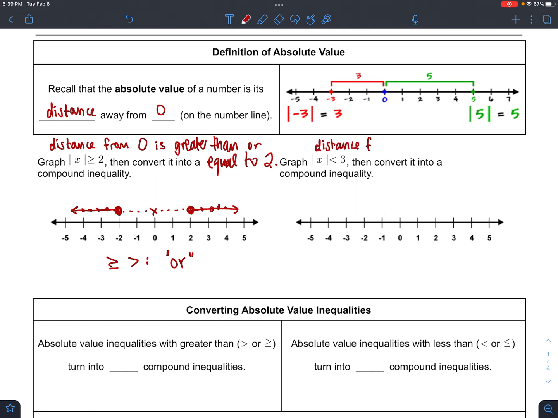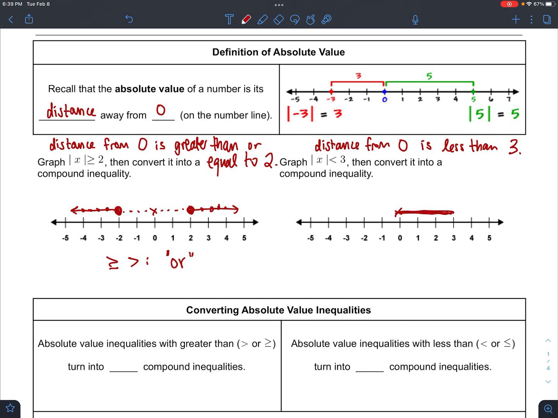This would be the distance from 0 is less than 3. So here's 0. This inequality, an and inequality, is going to look at just containing the points that are within 3 of 0.